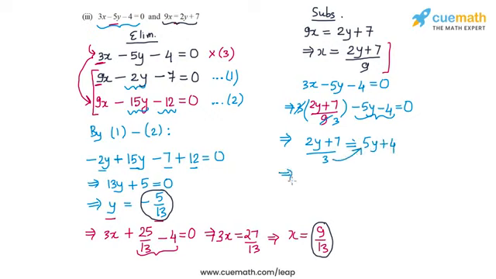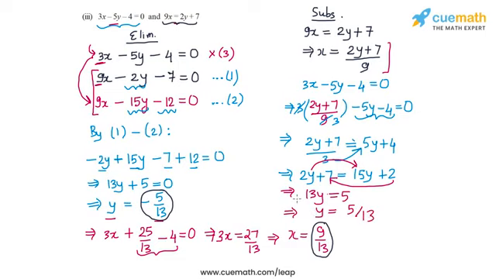So I will get 2y plus 7 is equal to 15y plus 12, and finally let me take this 2y to the right side, subtract it from 15y, so that's 13y, and this 2 on this side subtracted from 7, so 13y is equal to 5, or y is equal to 5 by 13.